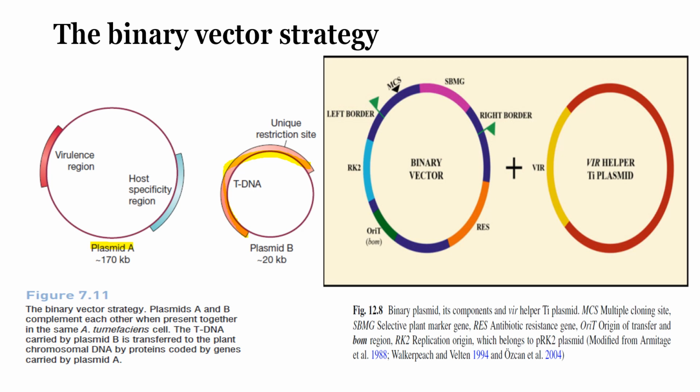RK2 is another replication region which belongs to the plasmid. So this is the overall binary vector which is used in association with a helper plasmid.